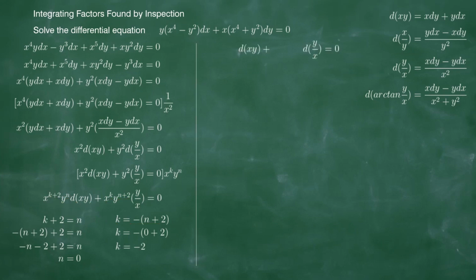The coefficient of d of xy now becomes x to the negative 2 plus 2, y to the 0, and the coefficient of d of y over x becomes x to the negative 2, y to the 0 plus 2, or that's x to the 0, y to the 0 times d of xy plus y squared over x squared times d of y over x, or we have d of xy plus y over x quantity squared times d of y over x.